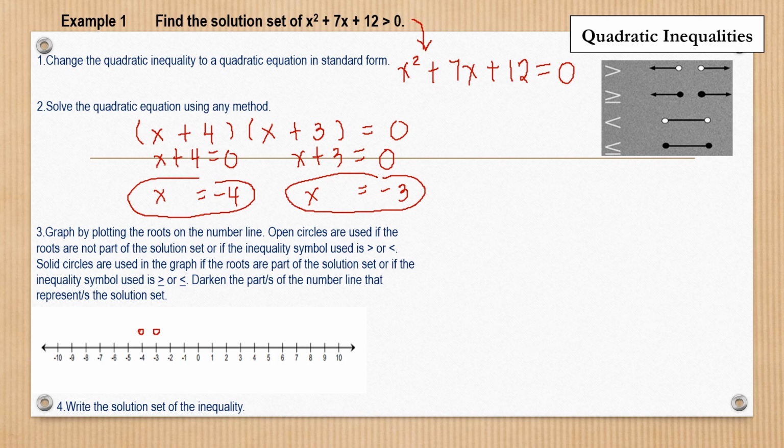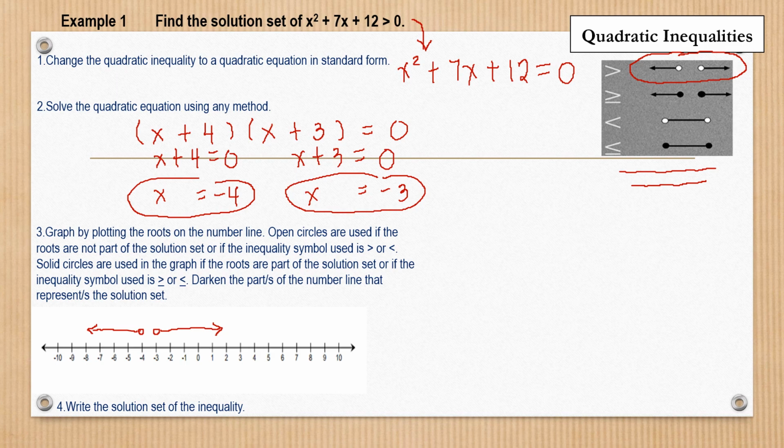Now we will darken the parts of the number line that represent the solution set. So we may simply refer to the given figure on the upper right corner of our slide. The corresponding graph of the given inequality is the first one. Therefore, this is the graph of our quadratic inequality.